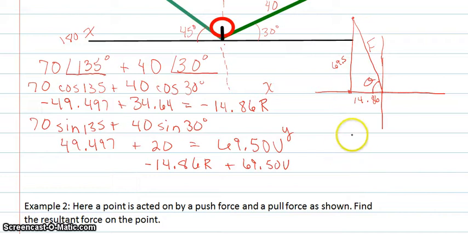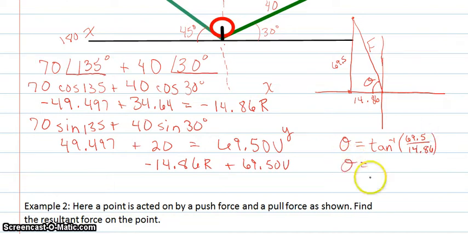To find the angle, we use the tangent because we have the adjacent and the opposite side. So I would say theta equals the inverse function of tangent of 69.5 over 14.86. So theta equals 77.93.